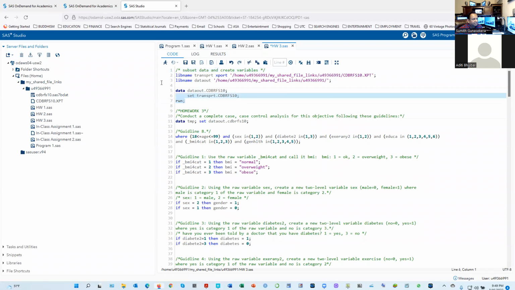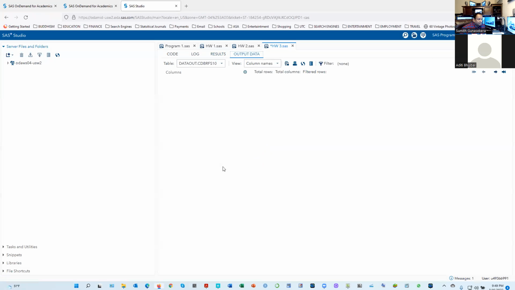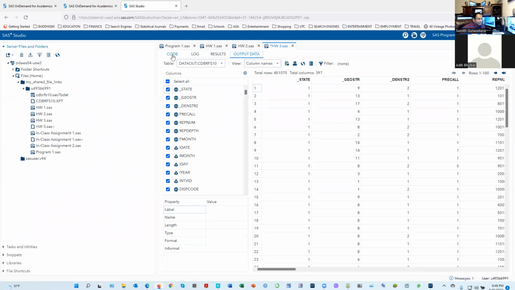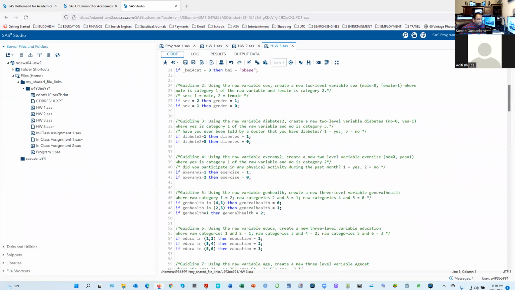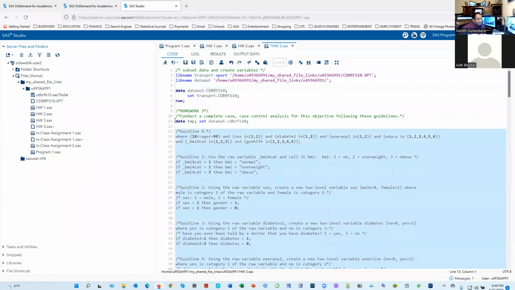Okay, let's run this one. According to their description, different categories, I set this up.